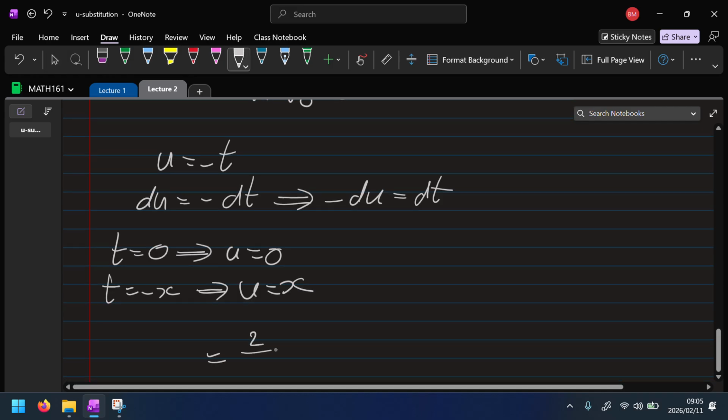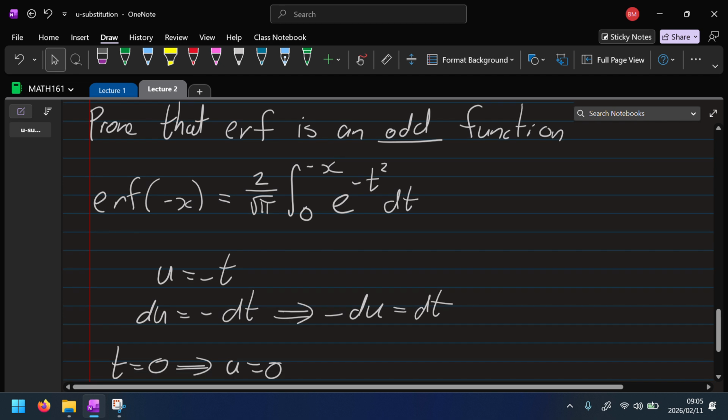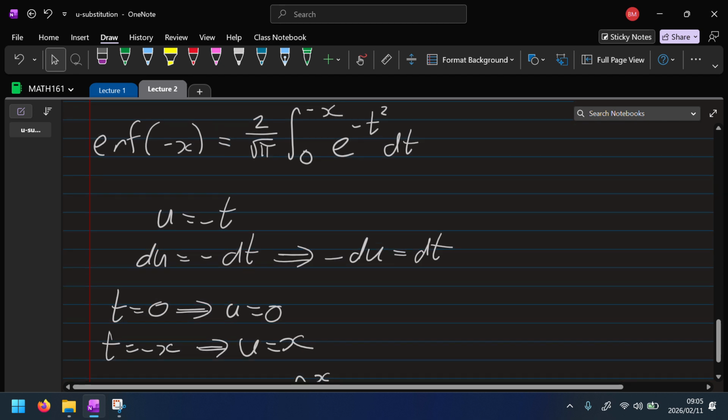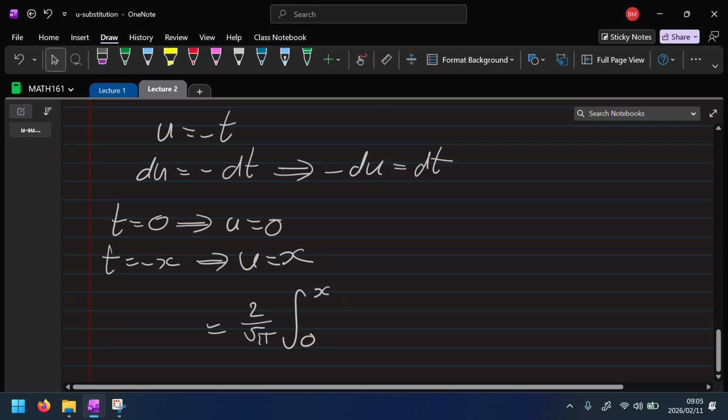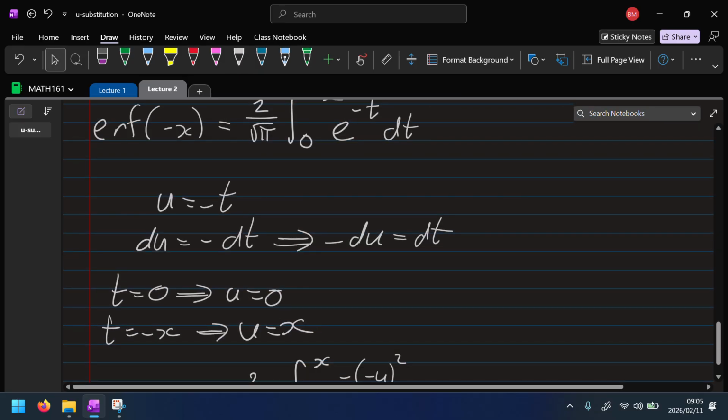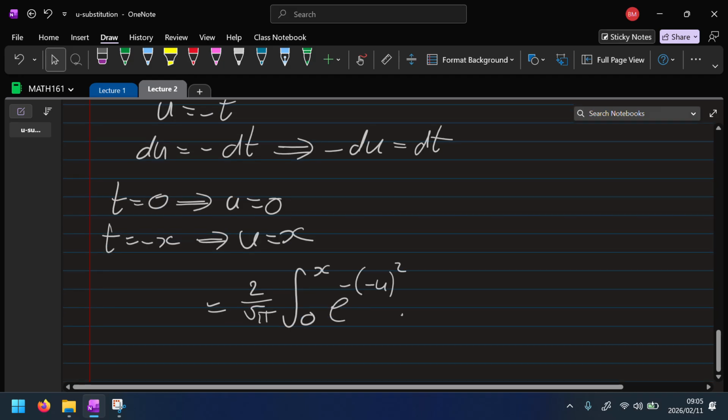So this becomes 2 over root pi, integral from 0 to x. Then it will be e to the minus t squared, but t will be minus u. Okay. And then dt, that is minus du. So we put that in.